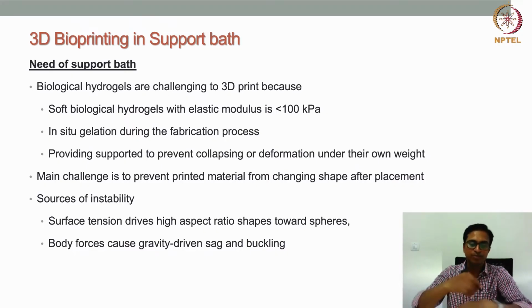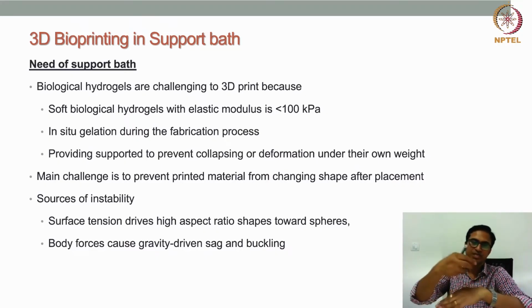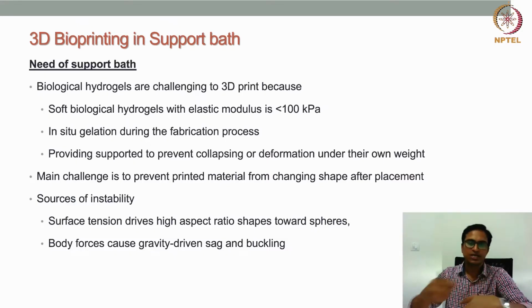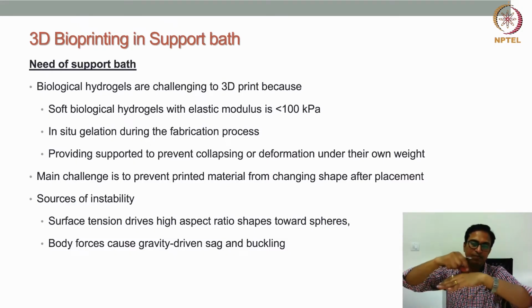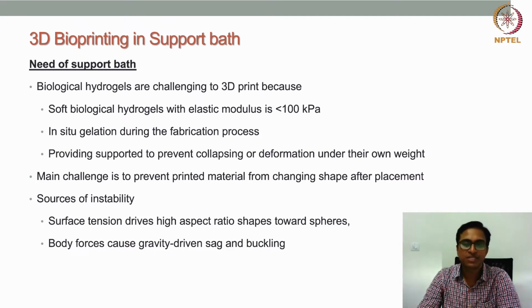When the material comes out through the nozzle or any other means, after some time it starts to collapse and deform. Because of that deformation, the structural resolution and even the printing fidelity are not that great.